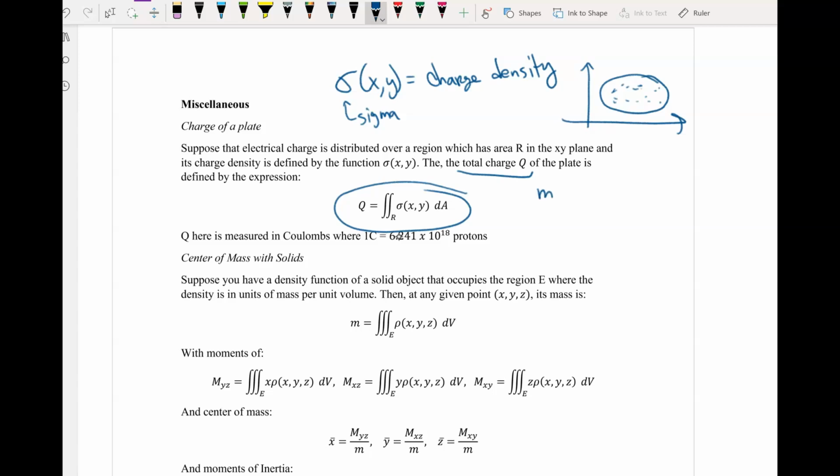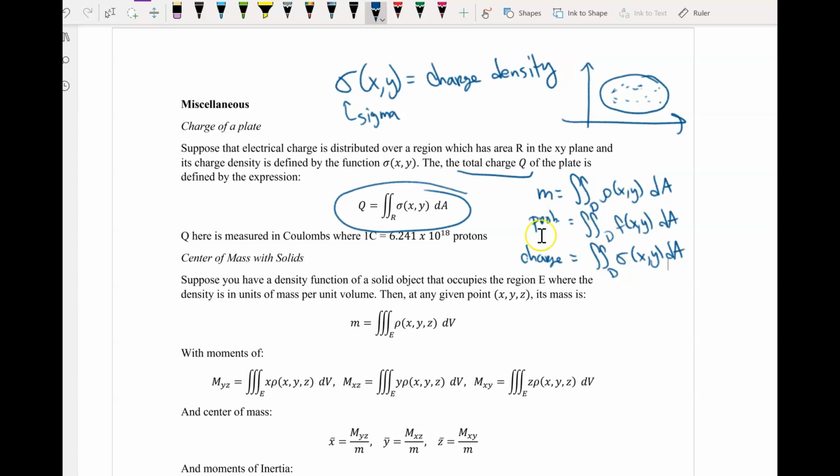So we know that mass is just basically the double integral over the region D of the mass density. We have probability is just equal to the double integral of the probability distribution, the joint probability distribution. And we also got the total charge is going to be equal to the double integral of the charge density.